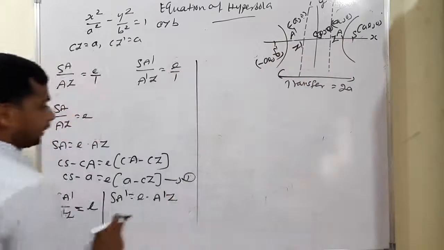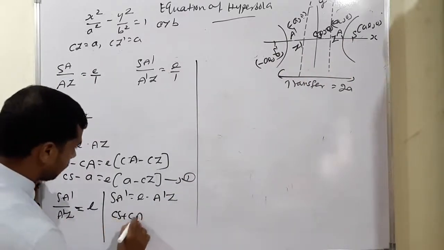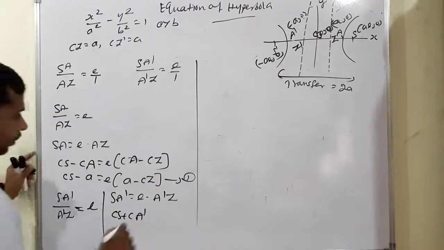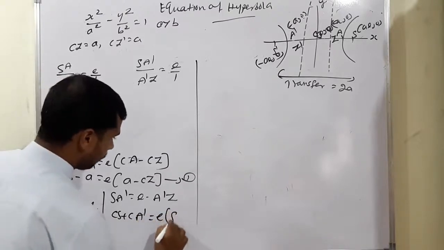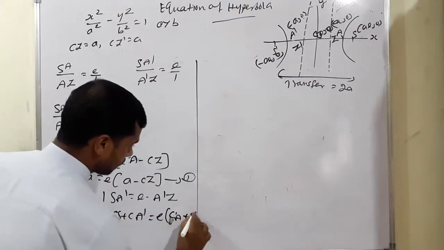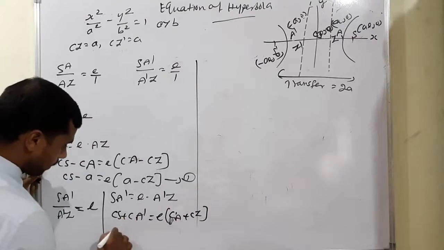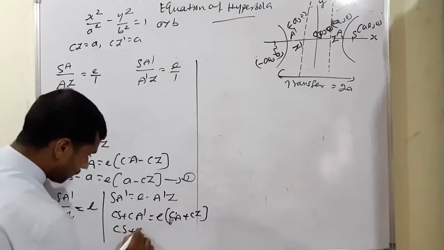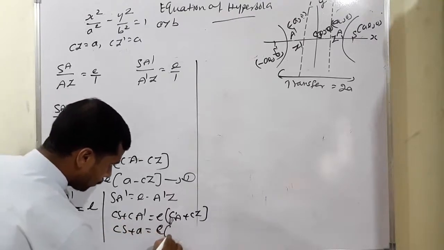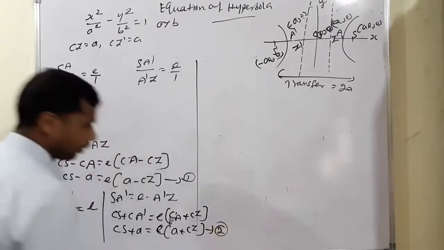SA dash means CS plus CA dash, which is E into CA plus CZ. Therefore CS plus A is equal to E into A plus CZ. This is equation number 2.